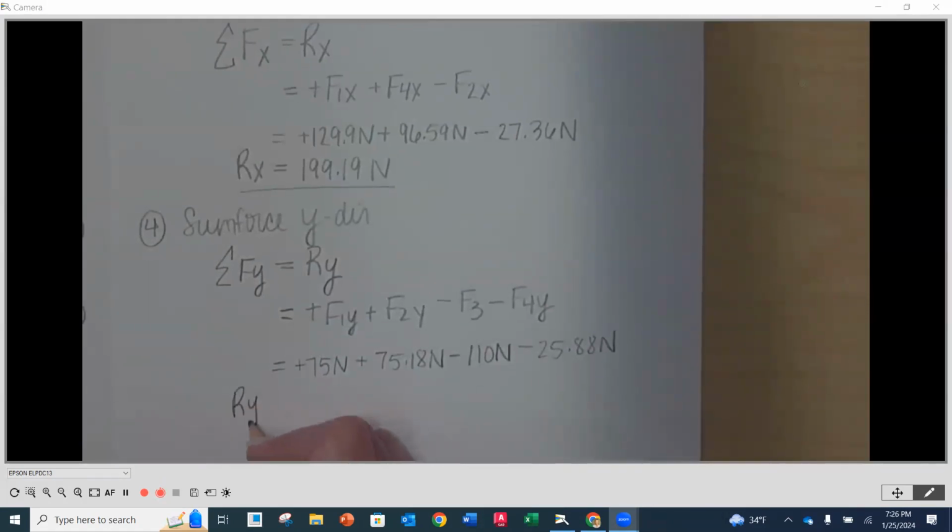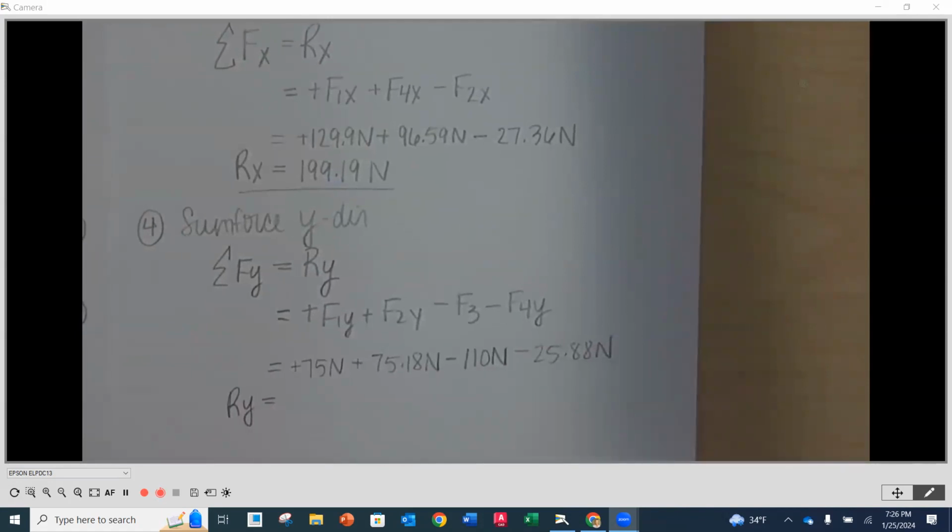So my RY component, my resultant Y component, this one I got the same, 14.30 newtons. Okay.